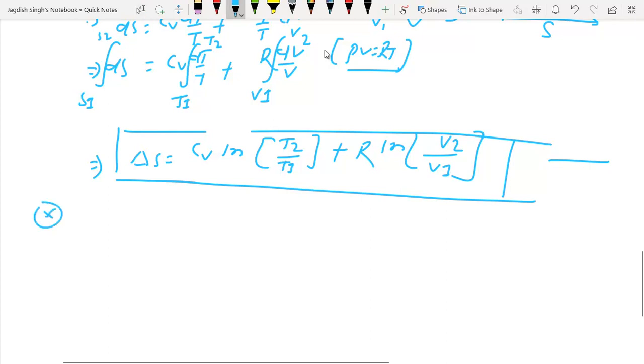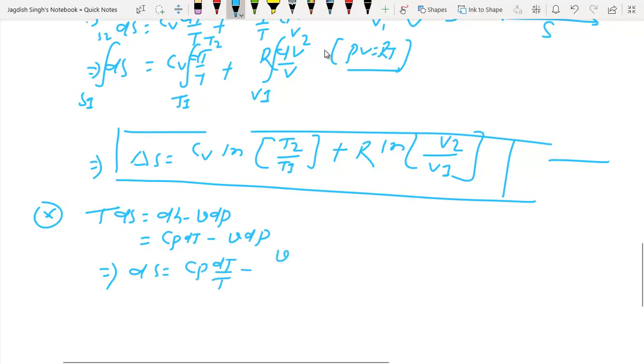For the polytropic process, we can use the next equation of dH minus VdP for an open process. And what is dH? Cp dT minus VdP. So dS is equal to Cp dT by T minus V by T dP.